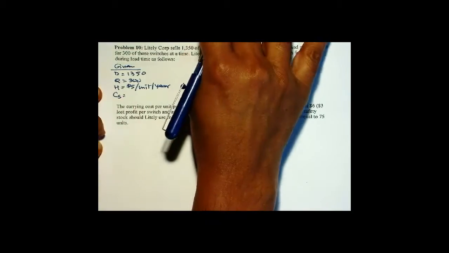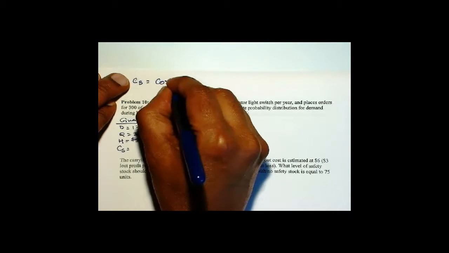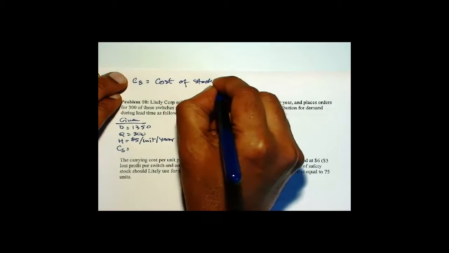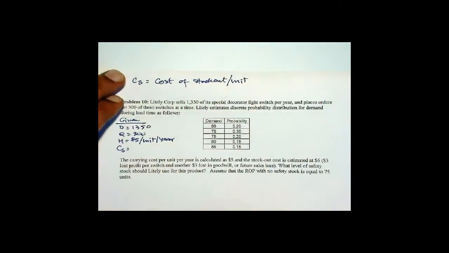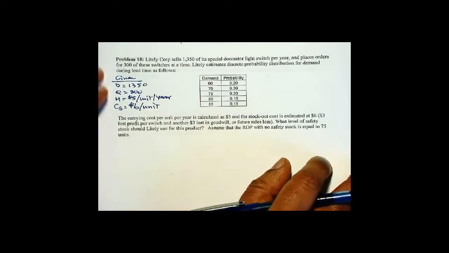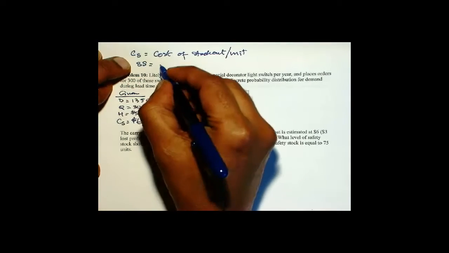So we'll use the notation C sub S, which stands for cost of stock out per unit. So that is $6 per unit. And we will use the notation SS for safety stock.